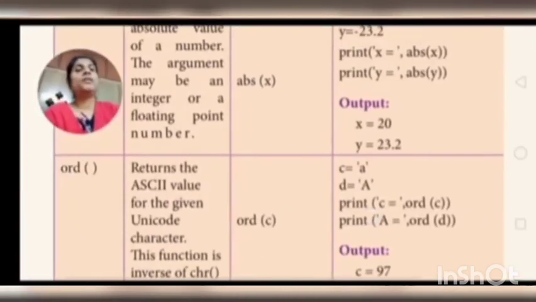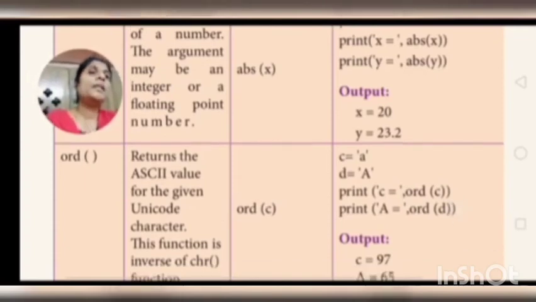The next function we are going to see is the ord function. This function returns an ASCII value for the given Unicode character. Unicode characters are alphabets, symbols, all those things. When we pass these Unicode characters to this function, it will return us the related ASCII values.